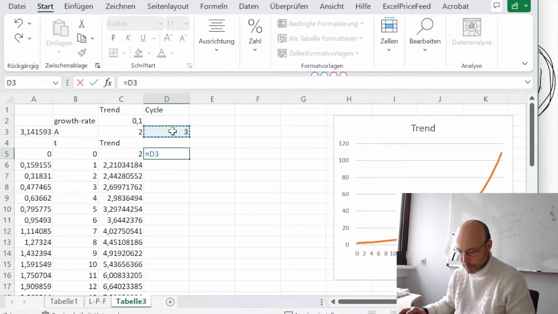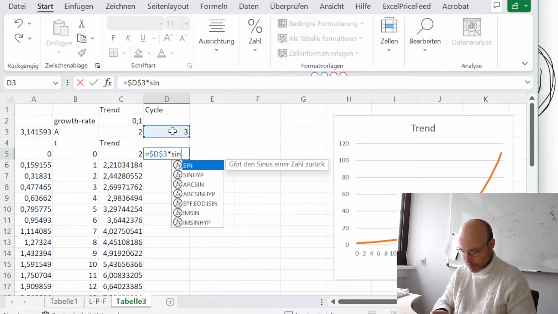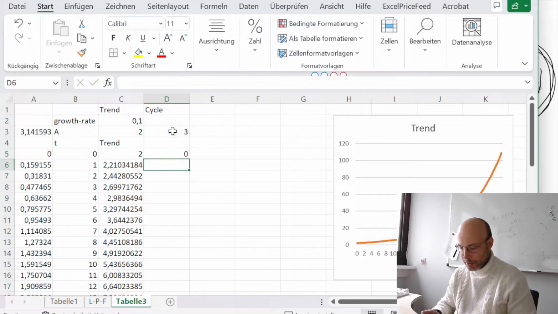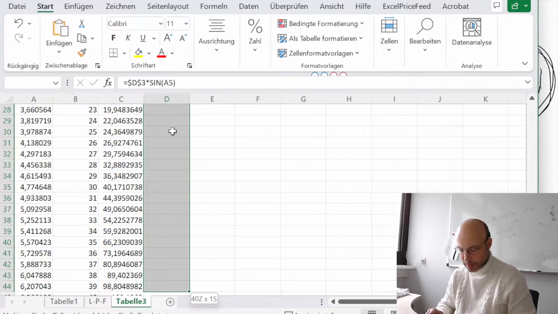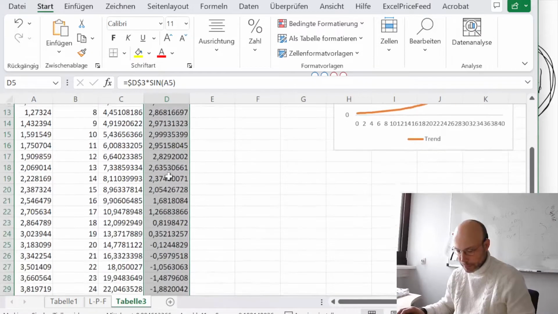So this one, fixing, times sine of this is now our value for t, since we want to end up with our period after time t equals 40.